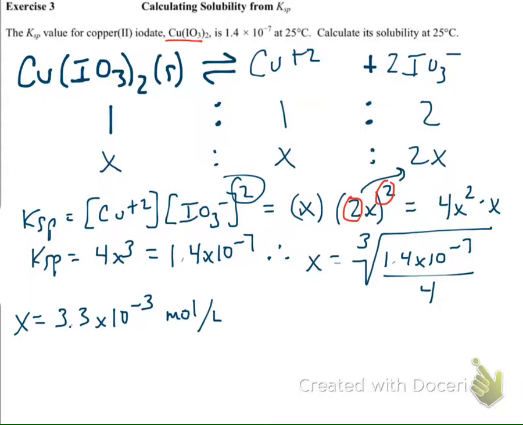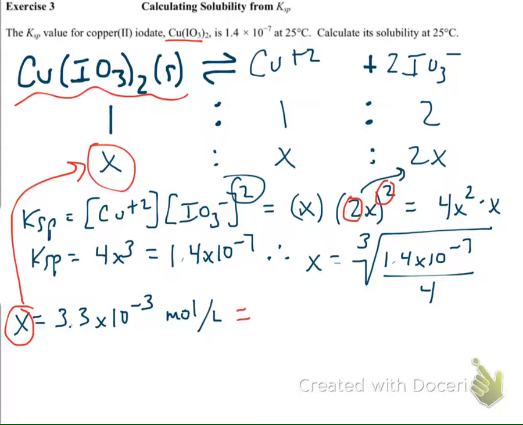And we just want to make sure that we double check what our x actually is, because we are solving for the solubility of that copper 2 iodate. And if we look at x and we go back up above, x actually is our value. So we can say that the molar solubility of copper 2 iodate is this.